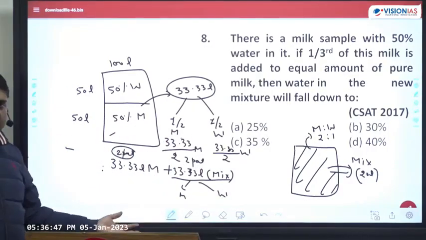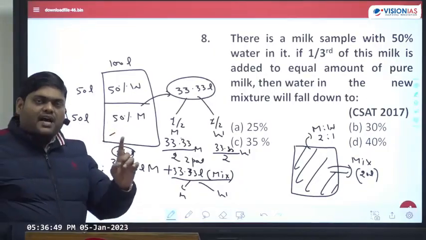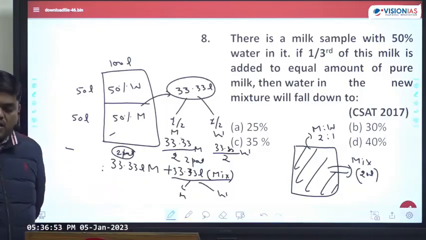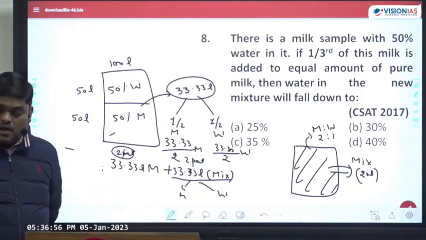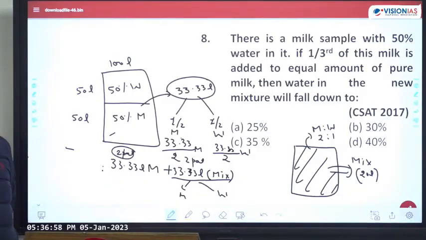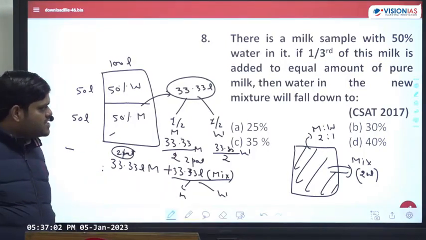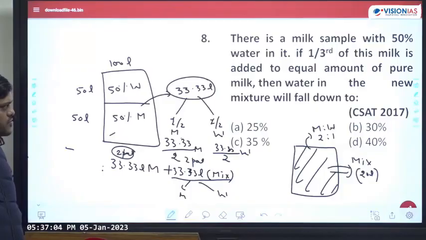So directly we can say out of 4 parts, 1 part is water. Simply 25% is the correct answer. This is one way to solve this question.